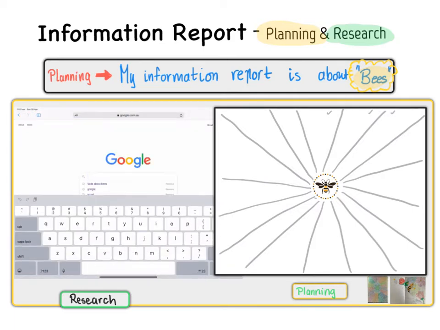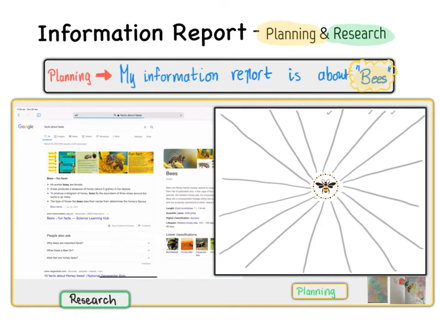When it opens, all I'm going to type in is facts about bees. You could also type in "for kids" as well. The facts are a little bit more broken down and easier, so I would recommend that if you wanted.